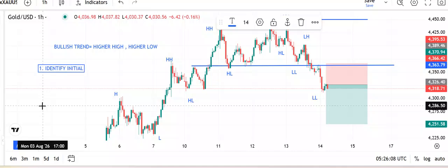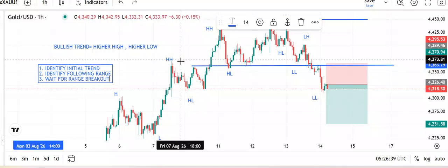Second thing, identify the following range. Then the third thing, wait for range breakout.